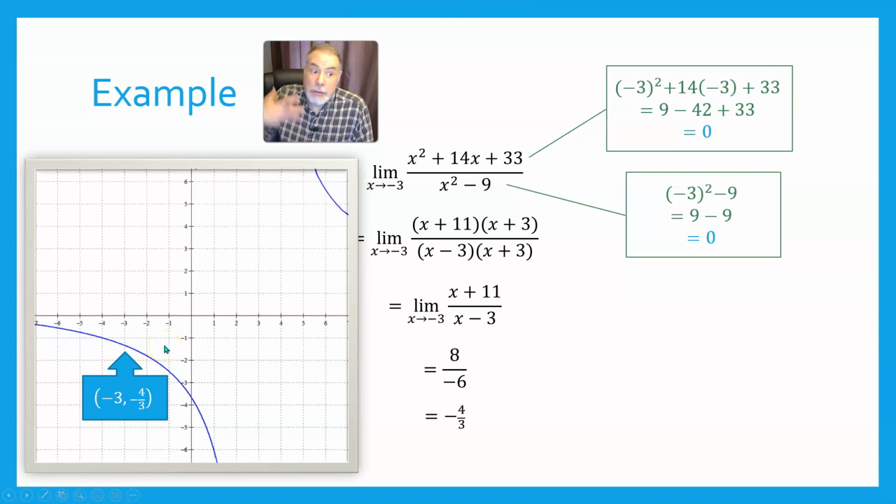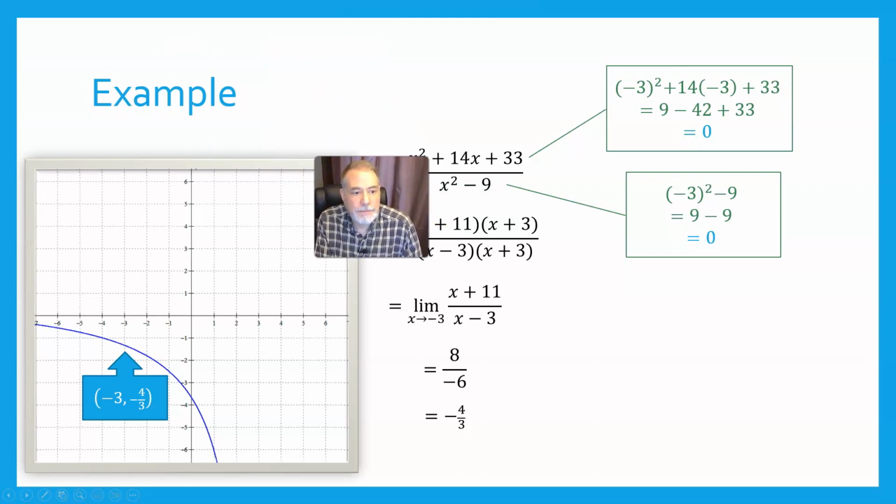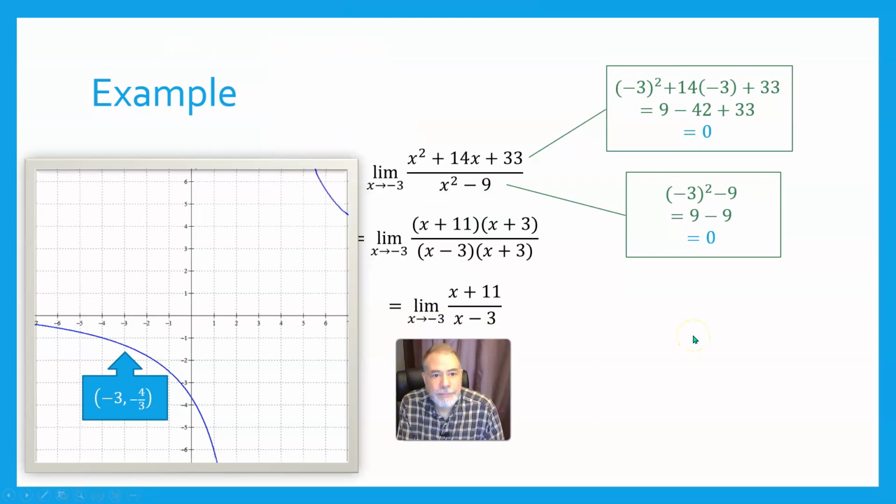And so graphically, the limit is what it looks like the y coordinate should be when the x coordinate is that number that x is approaching. So this picture agrees with what we found analytically by factoring and canceling out the common factor, and then seeing what happens as x approaches negative 3.